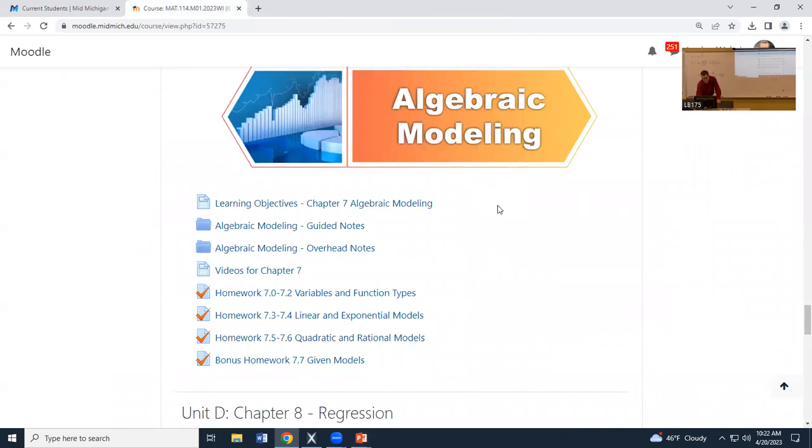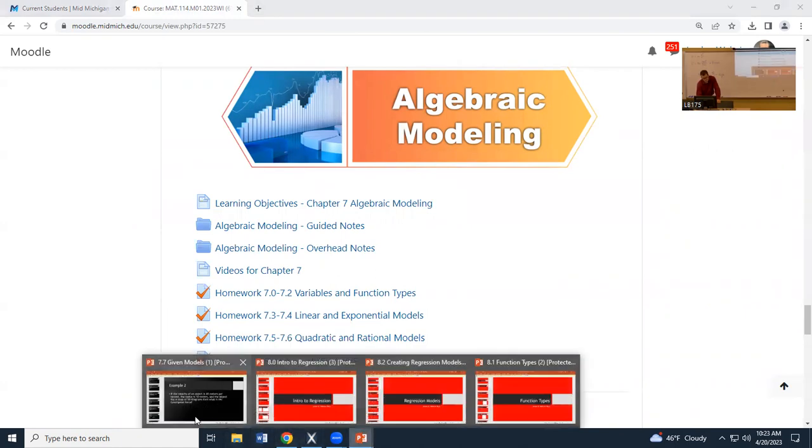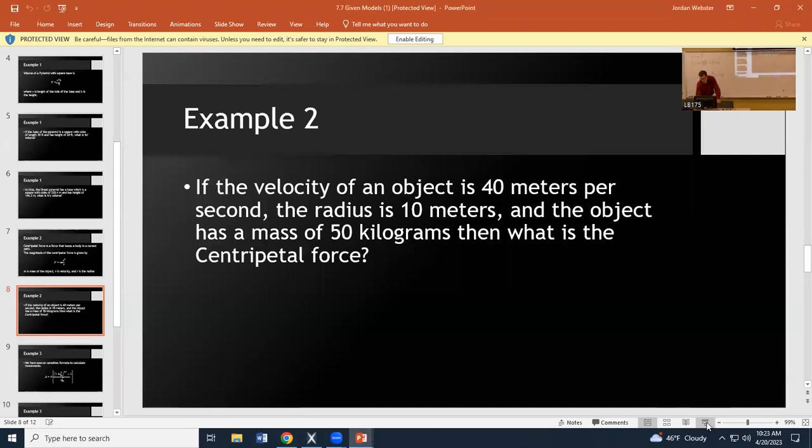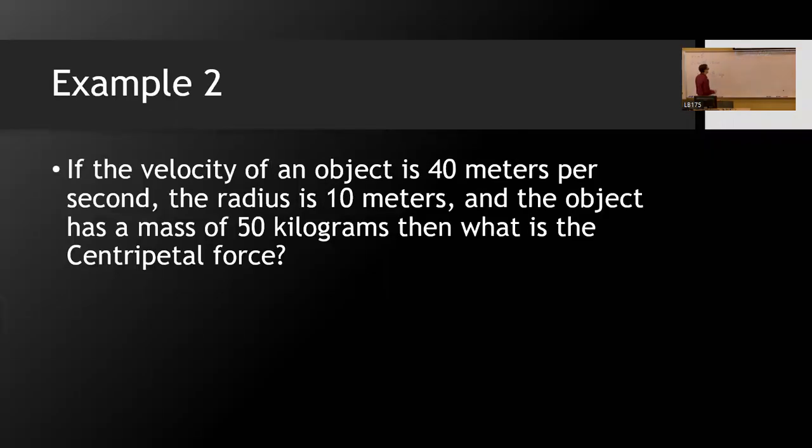This is not something you're going to be tested on, or even in the bonus homework, but I just wanted to point out that measures of force are often in newtons. So this is 8,000 newtons in this example. Newton, obviously named after Isaac Newton.